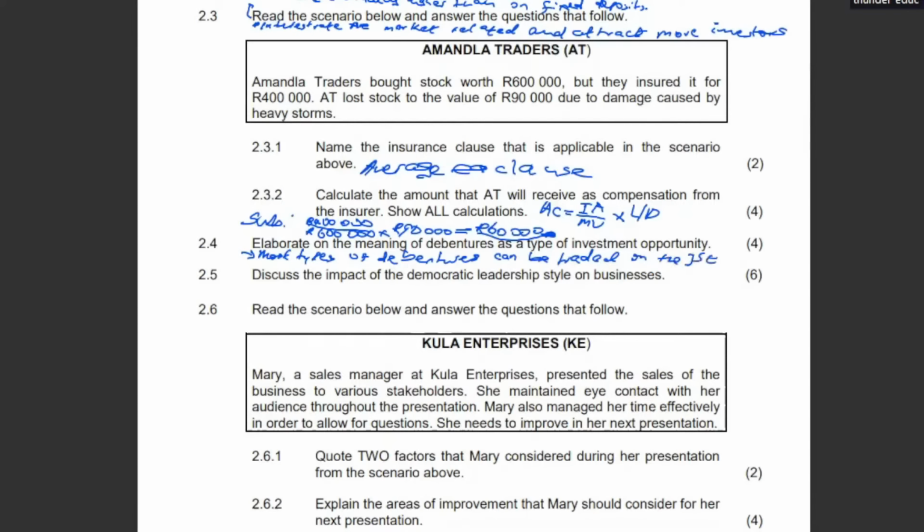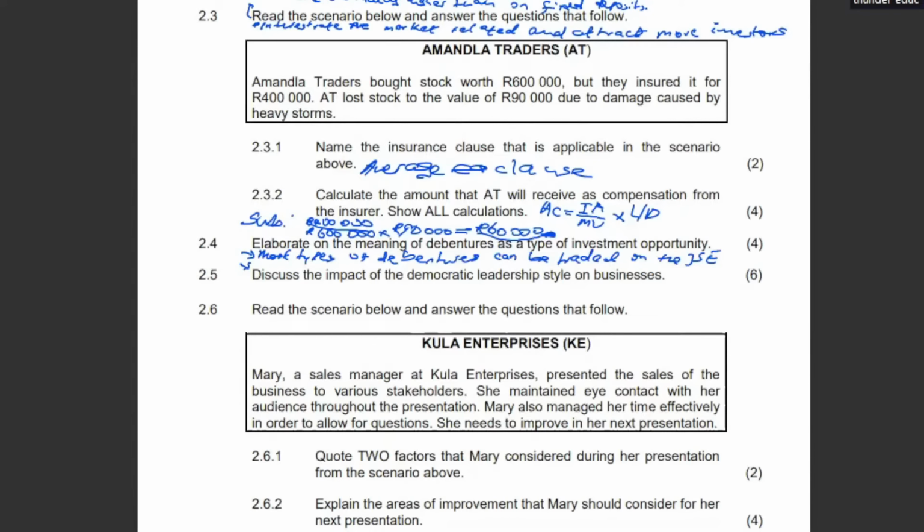Johannesburg Stock Exchange, right? So now let's move on to the second point. Why second point? Because of 4 marks. 4 marks calls for 2 points. So now we said that also debentures are issued to raise borrowed capital from the public.